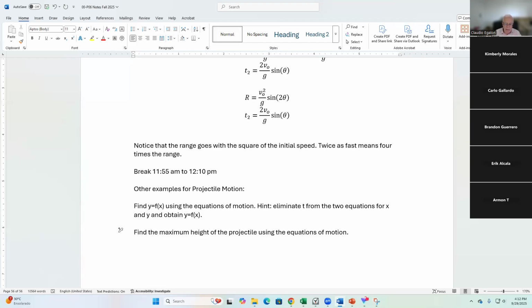The maximum height, I would say y max, as a function of, let's say, initial velocity and theta. Do we need anything else other than that? Yeah, that's all we need.